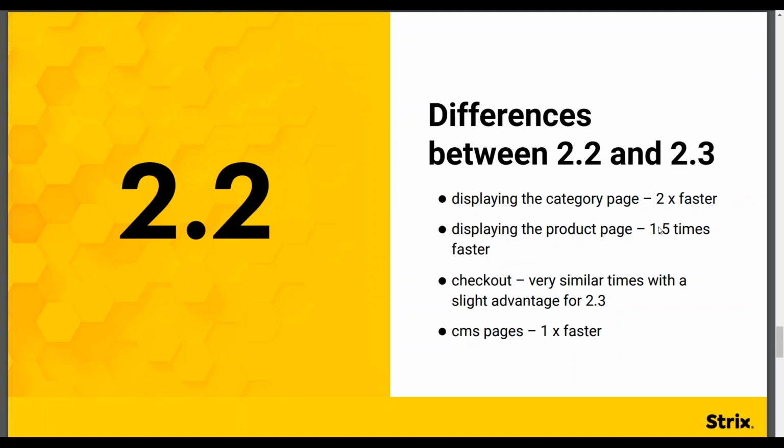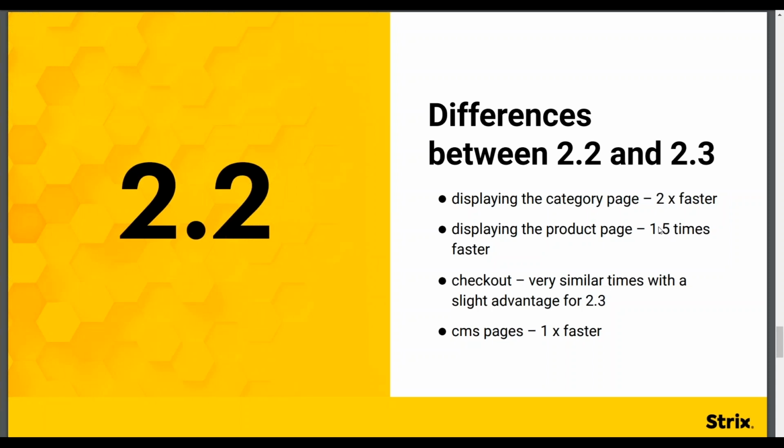In our old graphs, the category page now works 2 times faster, and the product page from our perspective looks almost 2 times faster. Checkout is very similar, but has a slight advantage for 2.3. I think this is because we don't have a locking database update during checkout.